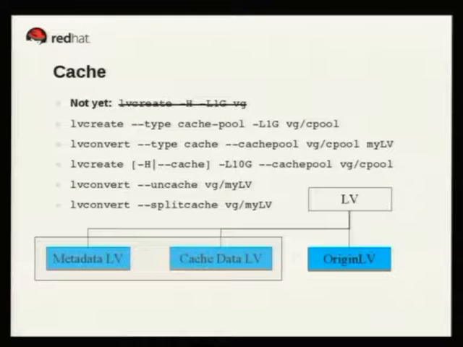As you can see in the picture, there is the cached LV, which basically references 3 objects: the origin LV, the cache data LV, and the cache metadata LV. The cache metadata and cache data LV make up the cache pool. Unlike with thin provisioning, the cache pool without the origin is basically useless.